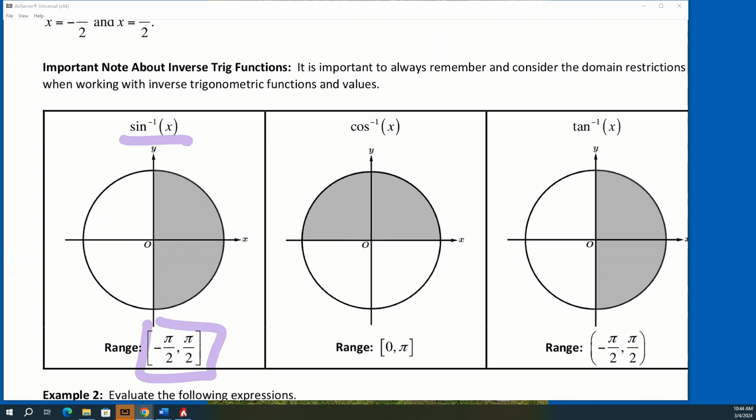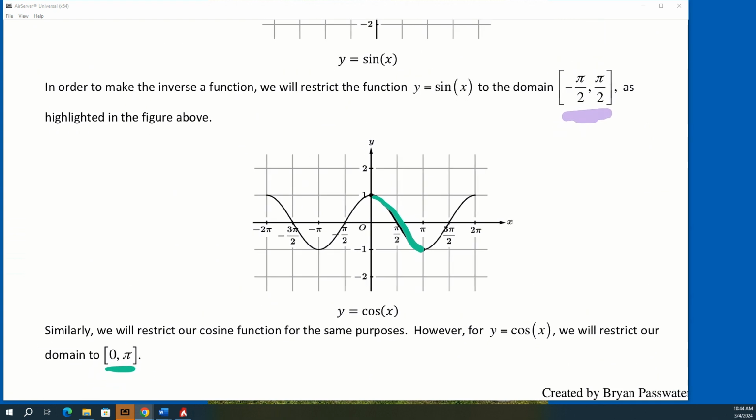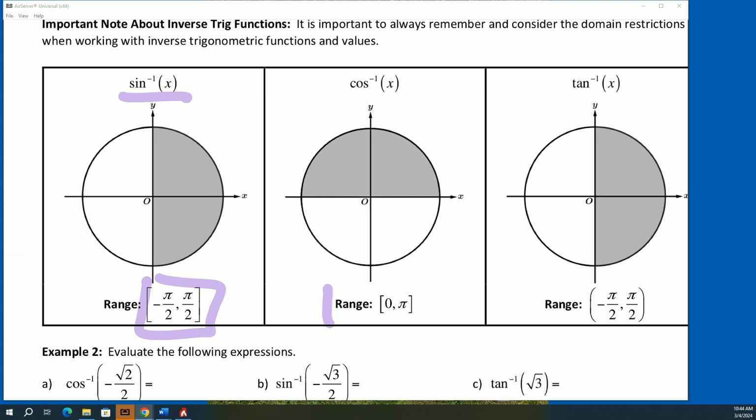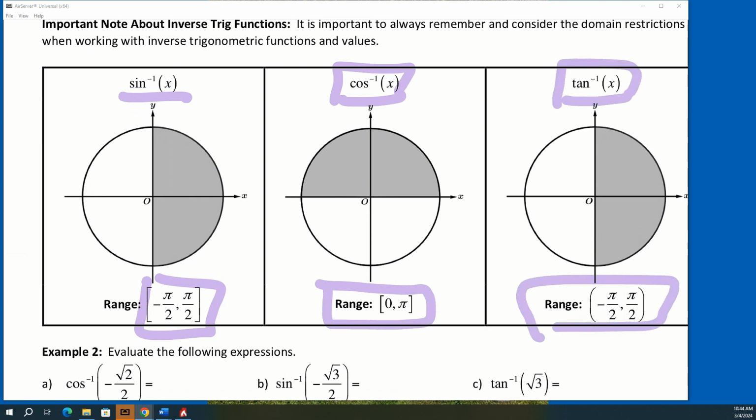The domain and range are switched. Then for the original cosine graph, the restricted domain was from 0 to pi, so that is the range of the arc cosine. And then the restricted domain for tangent becomes the range for the arc tangent.